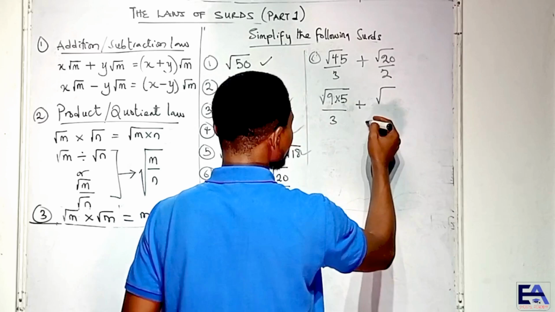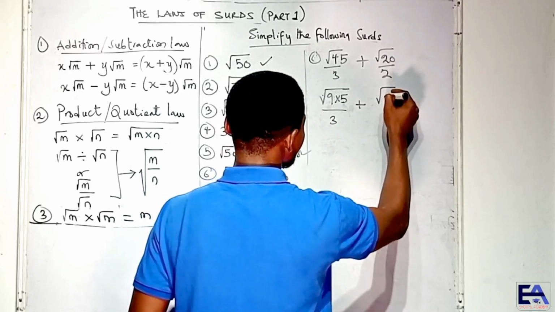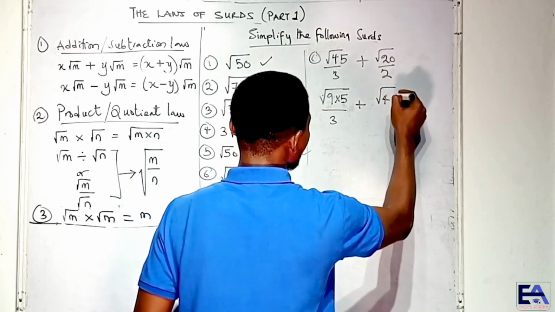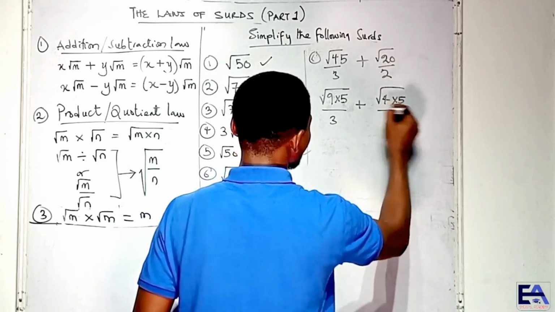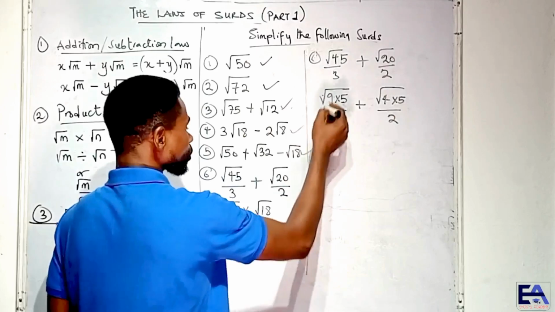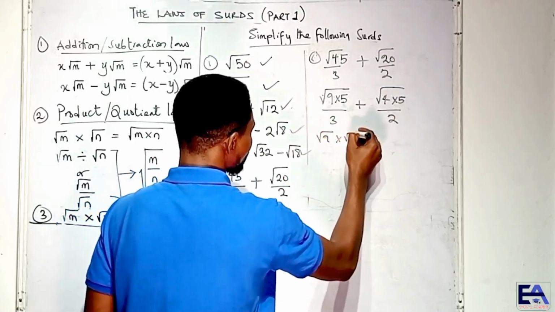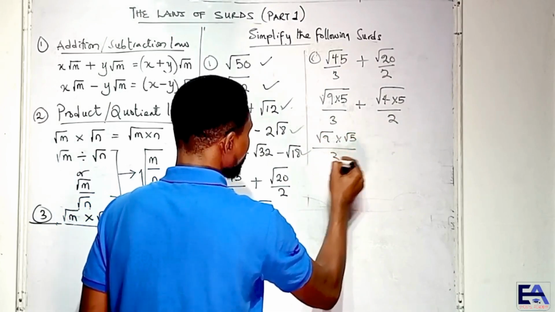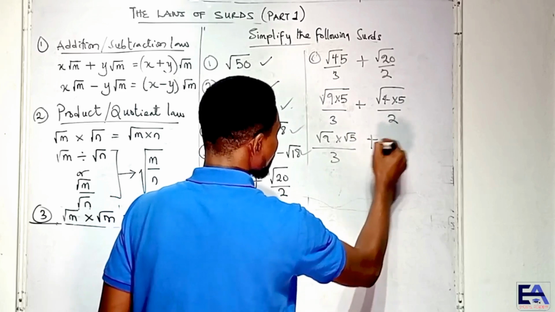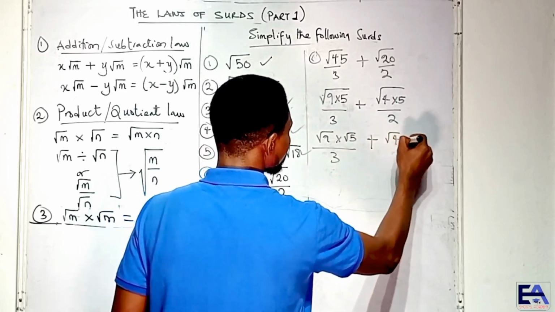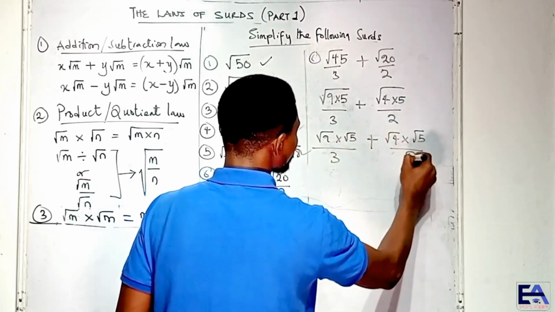Root 20 is broken down into 4 times 5, then over 2. All right, so root 9 times root 5 over 3. So we split this one as well as root 4 times root 5 over 2.